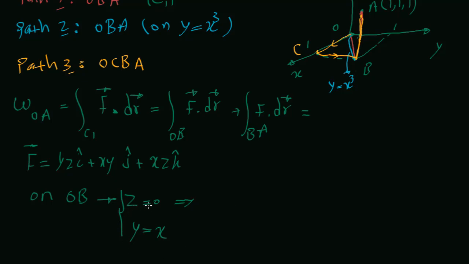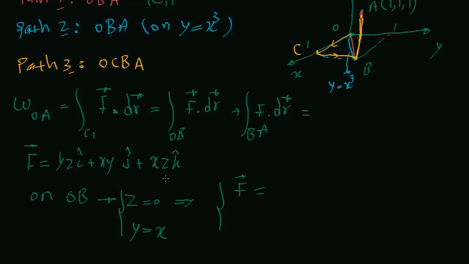Because z is equal to 0, we use this information to write down our force for that path, and also to calculate dr, the displacement vector. We basically put z equal to 0 in the force equation.